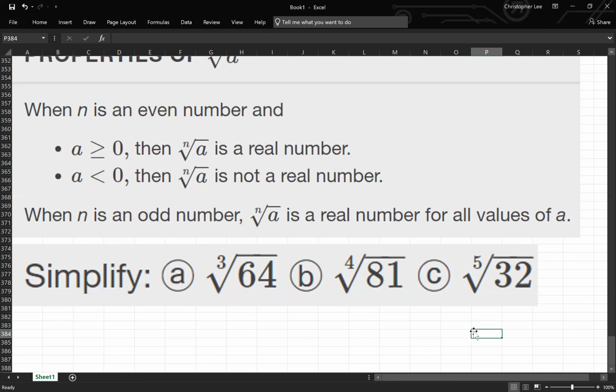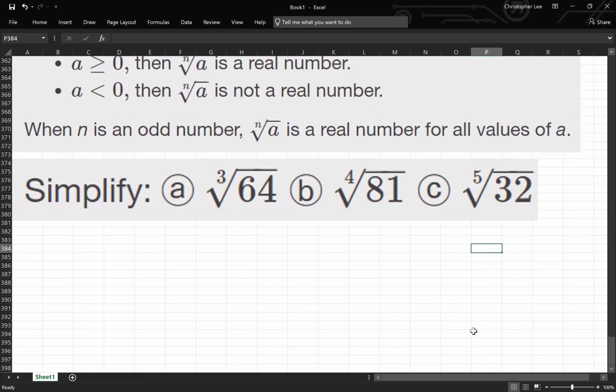Let's take a look. So I want the cube root of 64. All right. So now I want the largest perfect cube that goes into 64. What do we think it is?